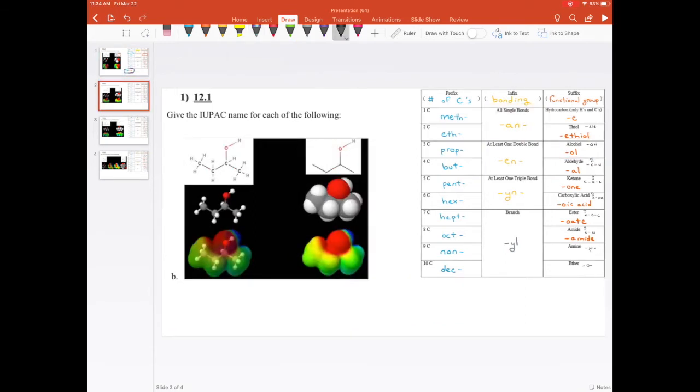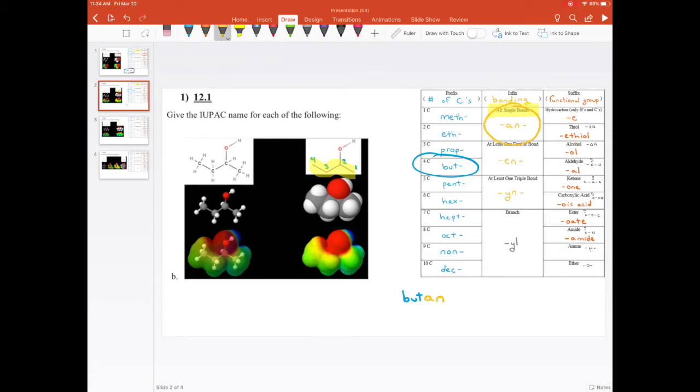How about this one? All right, there are no branches here, and so the first thing we want to do is to find the prefix. That depends on how many carbons we have. Here we have 4 carbons, so the prefix is but. Next, you can see in the molecule there are all single bonds. If you have all single bonds, then the infix is AN.